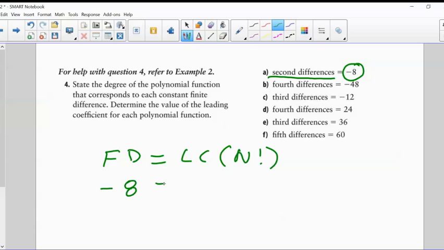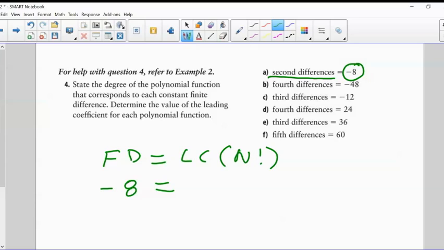Do we know the LC? The lead coefficient, that is. Or is it that we're trying to find the LC? Well, look at the information that we're given, and look at the question that was asked. Read the question for yourself.